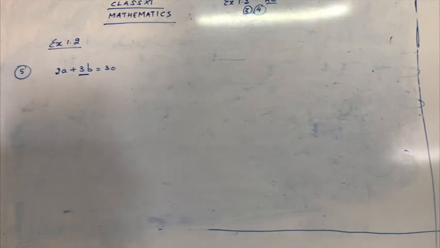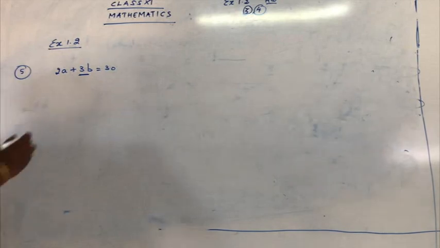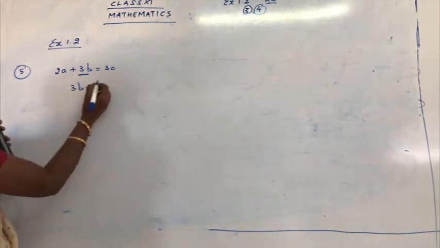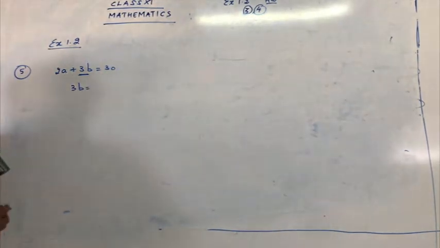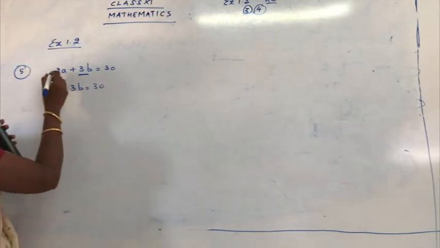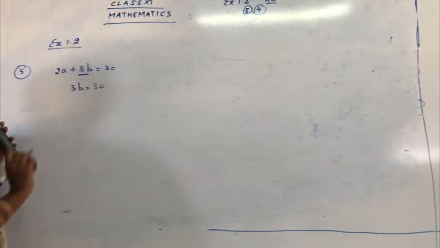So it's 2a plus 3b is equal to 30. Because two unknowns are there, we are going to keep one unknown on the LHS part and one unknown on the RHS part. So 3b is equal to what's already present on the RHS part, 30. Now you take this 2a to the RHS part.